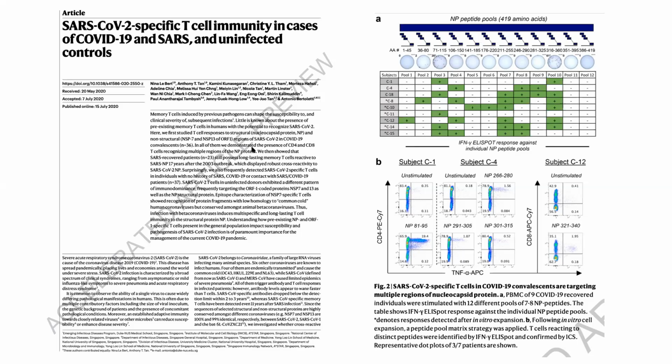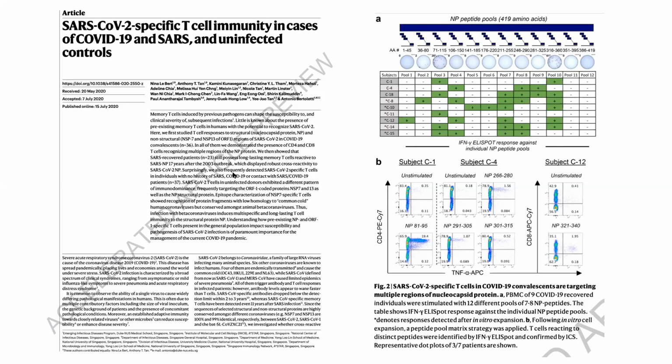In all of them, we demonstrated the presence of CD4 and CD8 T cells recognizing multiple regions of the NP protein. We then showed that SARS recovered patients, n equals 23, still possess long-lasting memory T cells reactive to SARS NP 17 years after the 2003 outbreak, which displayed robust cross-reactivity to SARS-CoV-2 NP.